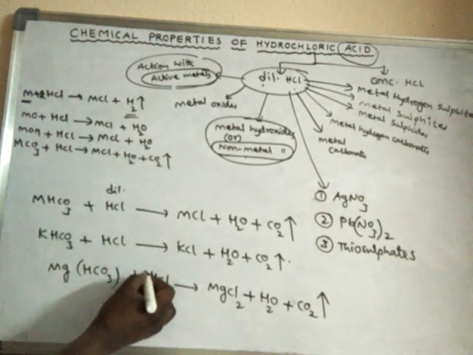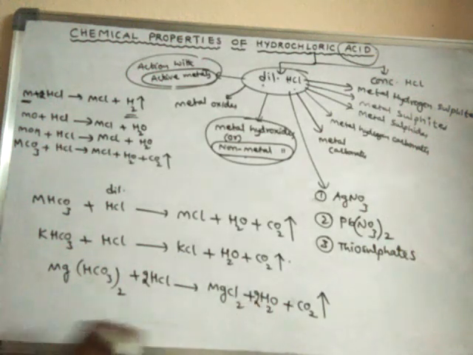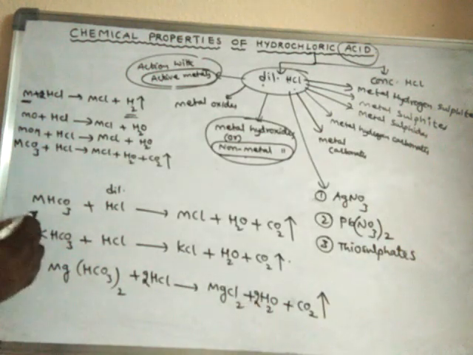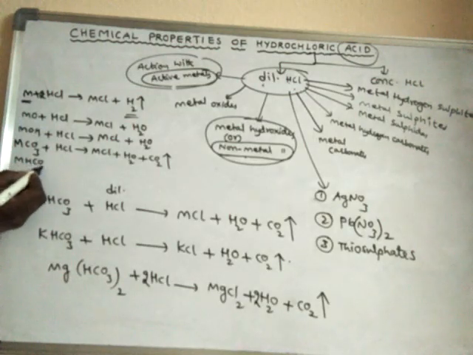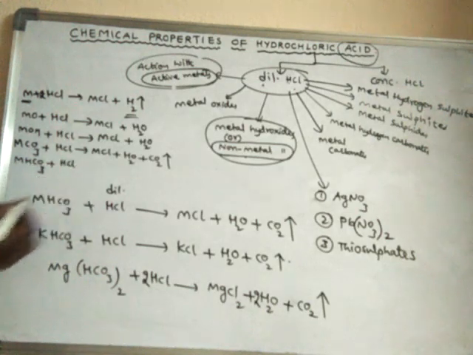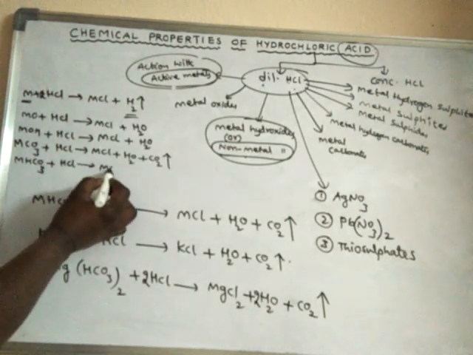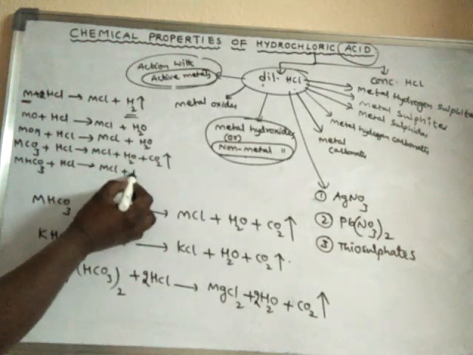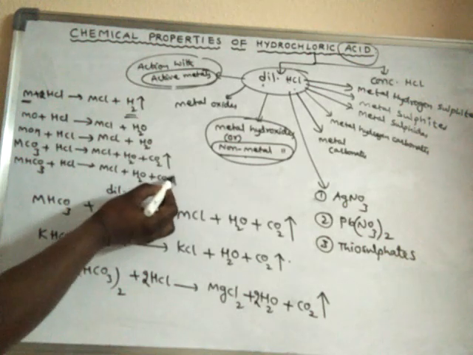In this way, even metal hydrogen carbonates, when reacted with dilute hydrochloric acid, form metal chloride and water, with liberation of carbon dioxide gas.